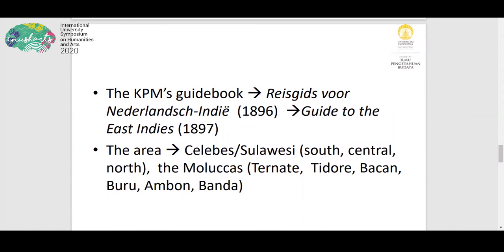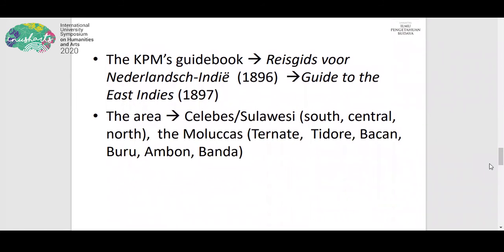If we compare with the guidebooks, the Reisgids and the Guide to the Dutch East Indies, we find that the areas they introduced were Celebes or Sulawesi, south, central, and north, and the Moluccas, such as Ternate, Tidore, Bacan, Buru, Ambon, and Banda.